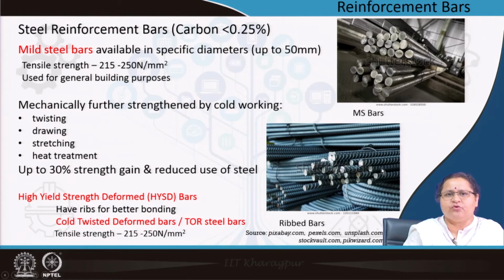So, this is more preferred, and you see the tensile strength for this cold twisted deformed bar is similar. What you are achieving is higher bond strength between concrete and steel, and this can reduce the use of steel by a good percentage.